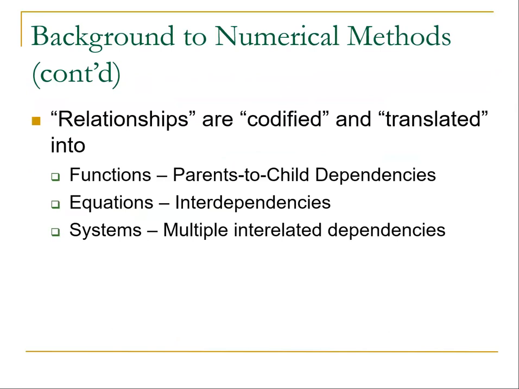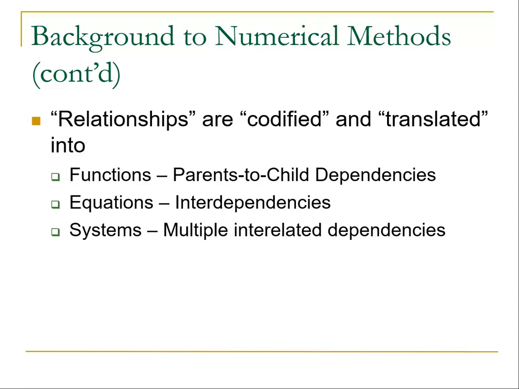Alright, so you've heard the word function. It's a way you describe a relationship. A function is a parent-to-child relationship. For example, everybody here should know how to use Excel. The function is called, let's say, cosine. So you write COS and you put something in the bracket. Let's say you put 3 in the bracket.